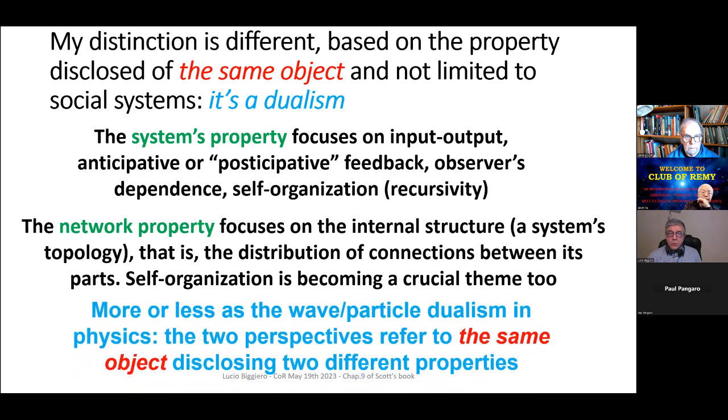So in short, it is more or less what we have seen for one century of physics: the dualism of wave and particle. No surprise. There were a lot of debates in physics from the beginning of the 20th century on, for decades and decades. Is it a particle or is it a wave? At the very end, they say it is a particle and it is a wave.